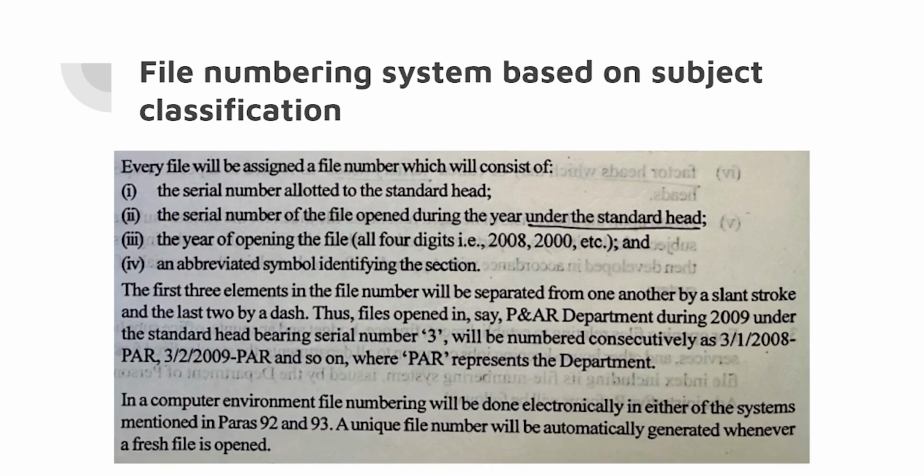In a computer environment, file numbering will be done electronically in either of the systems mentioned in paras 92 and 93 of this chapter in the manual. A unique file number will be automatically generated whenever a fresh file is opened.